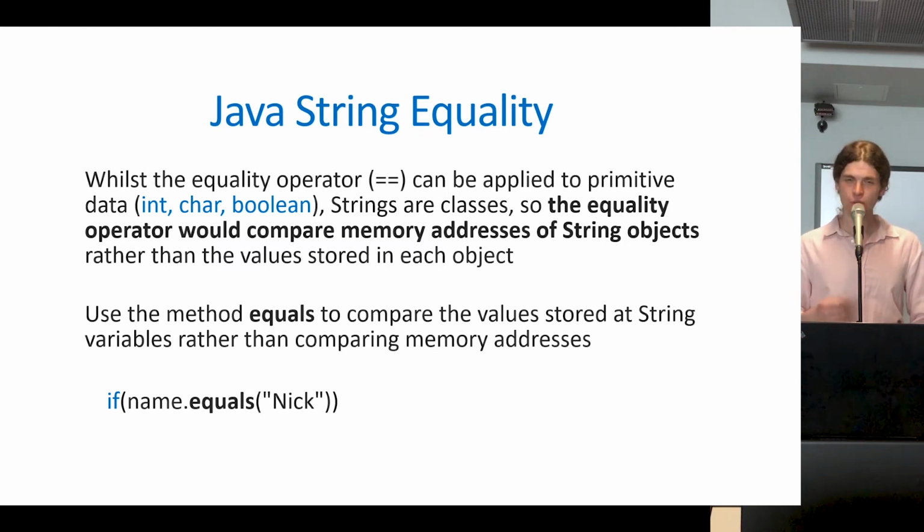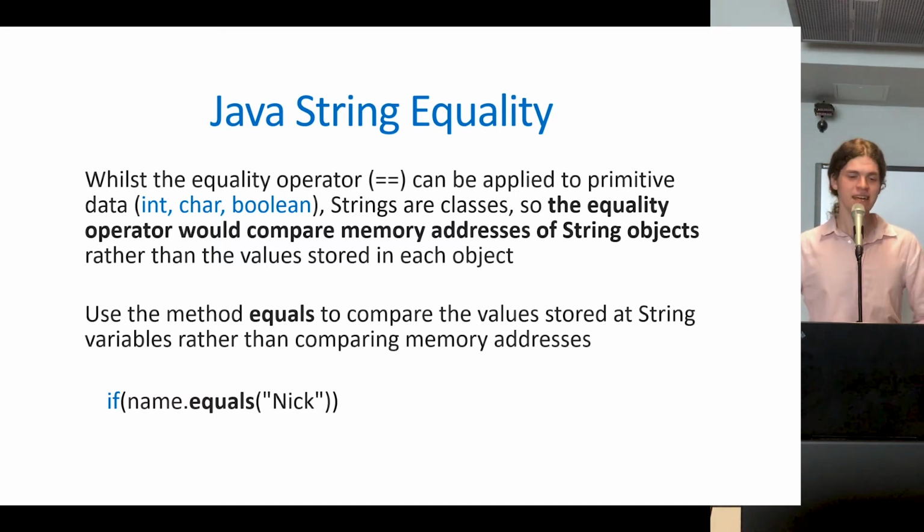So if we were to use the equality operator on these string objects, rather than checking the value inside of the string, which is basically a character array, the combination of letters and numbers we want to store in our string, the equality operator would actually look at the memory address for which those values are stored at. So remember, when we declare objects, we use the keyword new, and that tells the compiler to allocate memory on the heap. It requires it to create a memory address on the heap and set up a reference to that. So it would actually look at the memory address rather than the value.